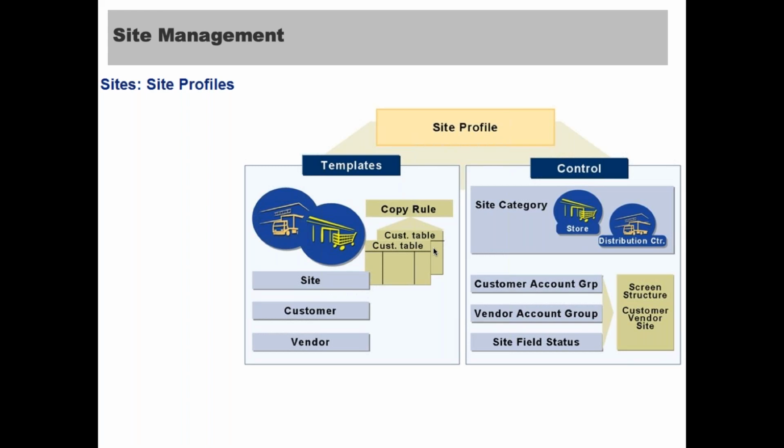Moreover, you create a lot of site masters, so you have to do more configuration for each and every site. In order to ease this, SAP has come up with a functionality called copy rule. The copy rule contains all the standard configuration tables relevant for the site master, and it is assigned to the site profile.